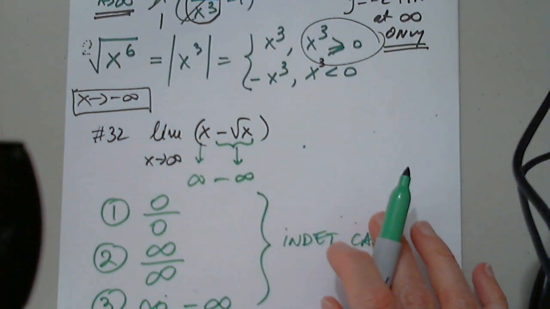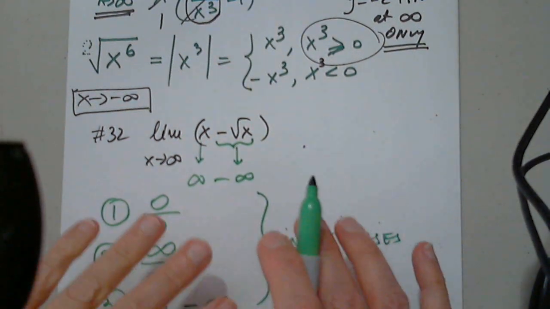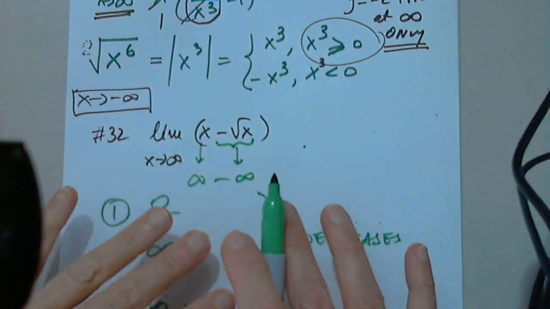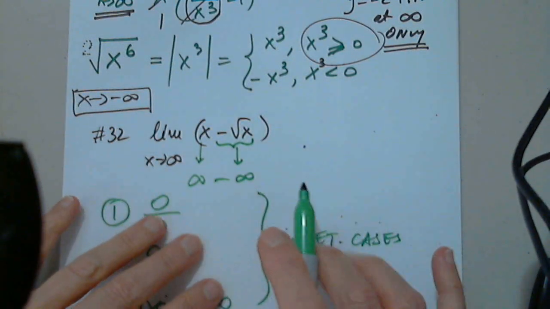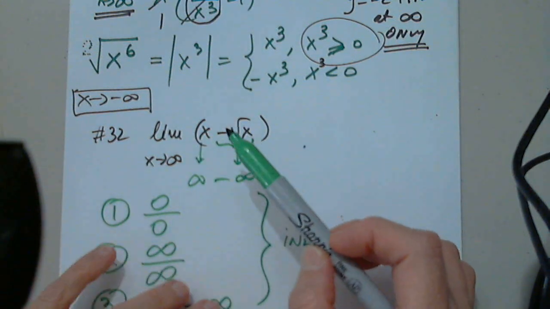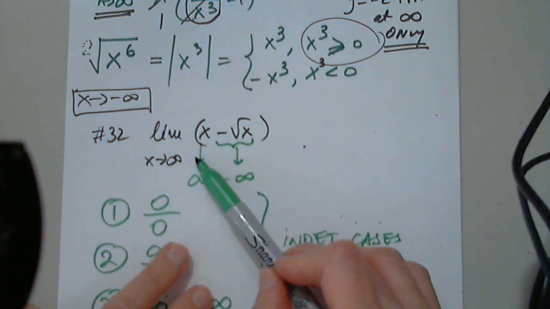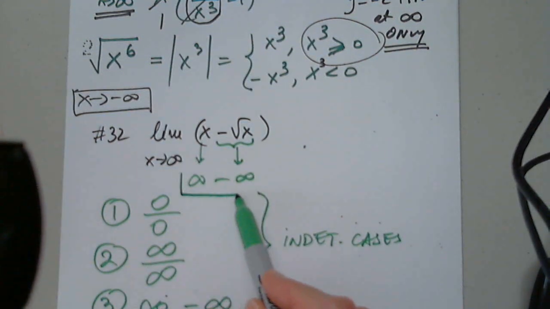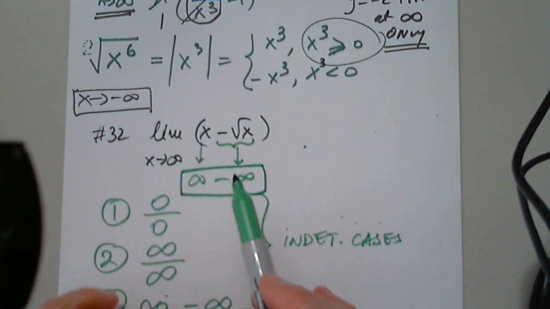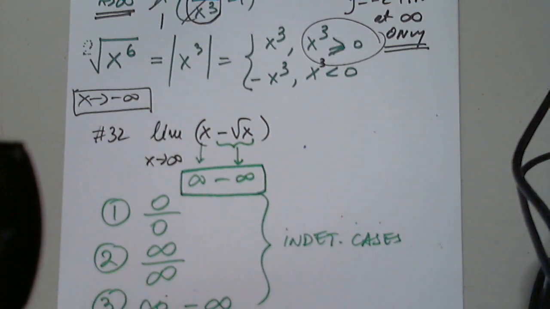Now, in this particular situation, it's clear which of these two goes faster to infinity. However, this is still an indeterminate case, but sometimes we can do an analysis, like in this particular case.